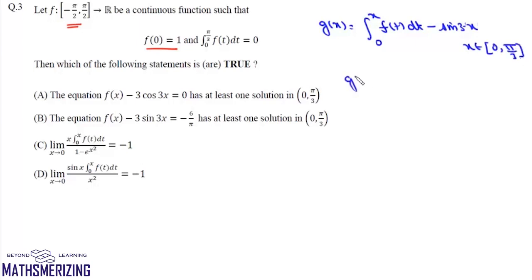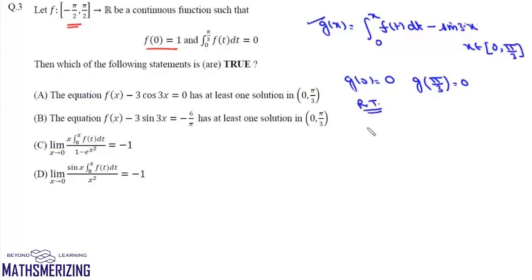Now if we find g(0), it is 0 and sin 0 is also 0. So the value of g(0) is 0, and if we find g(pi by 3), this integral from 0 to pi by 3 is 0, and then sin pi will also be 0. So this function g(x) is continuous and differentiable, and g(0) is equal to g(pi by 3). That means this function g(x) satisfies the conditions for Rolle's theorem.